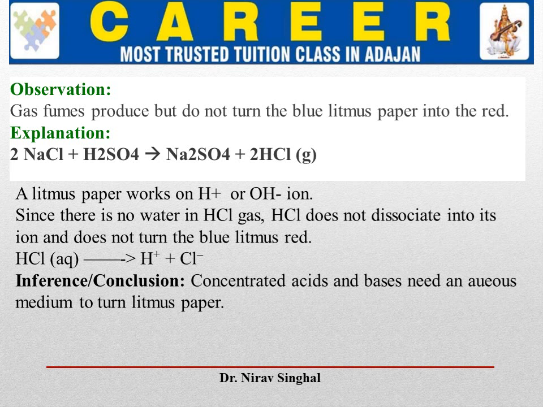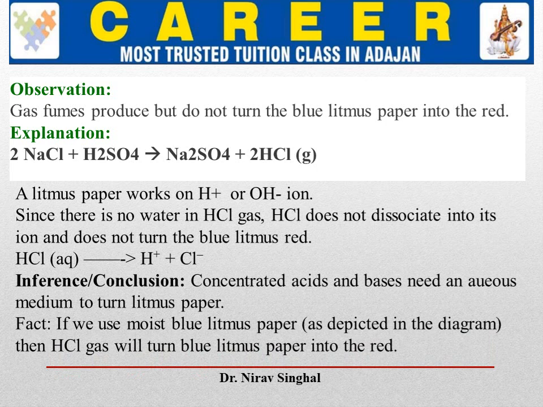This concludes that concentrated acid and base need an aqueous medium to turn the color of litmus paper. Is this clear? Yes. Water is necessary for an acid to behave like an acid and donate H plus, and for a base to donate OH minus.